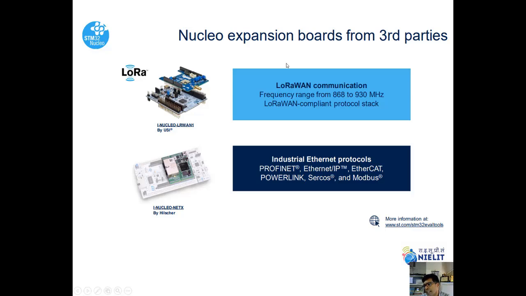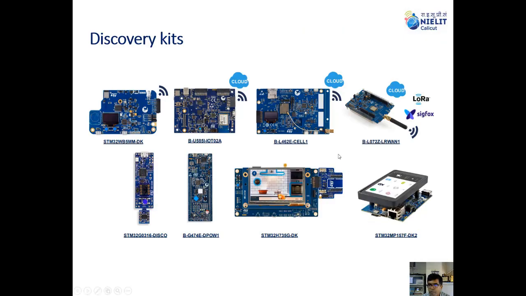And the third-party expansion boards shown here are something on communication, especially sub-1 GHz communication such as LoRaWAN and power line communication, or even automotive Ethernet, Profibus, or Modbus. For all these industrial communication applications, expansion boards are available in the market.